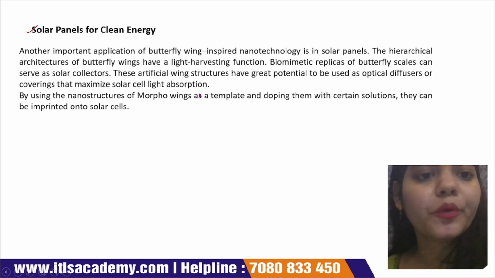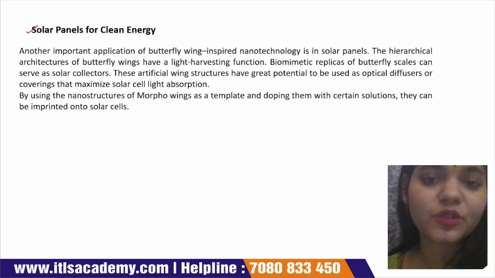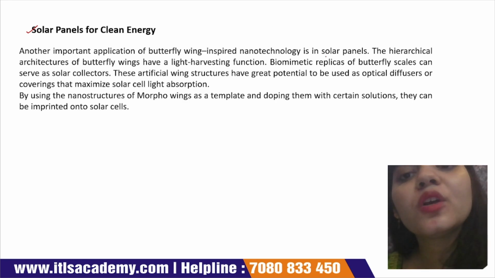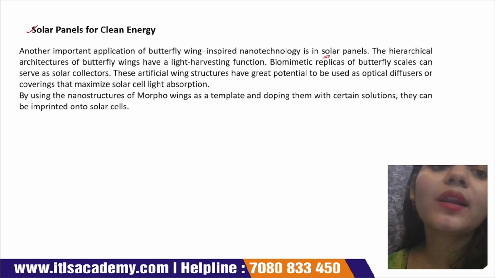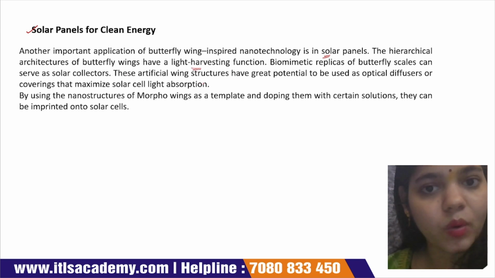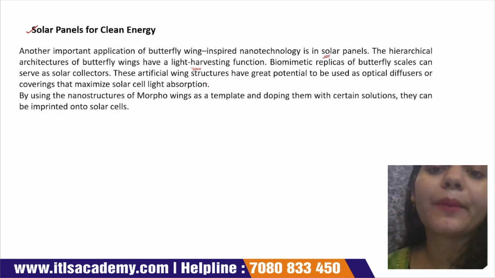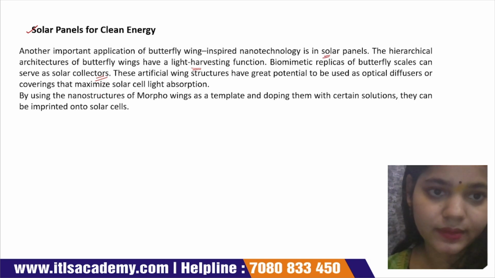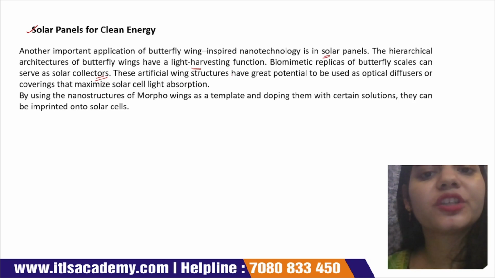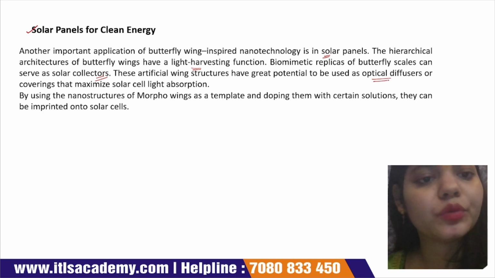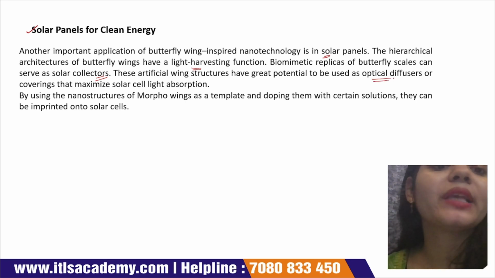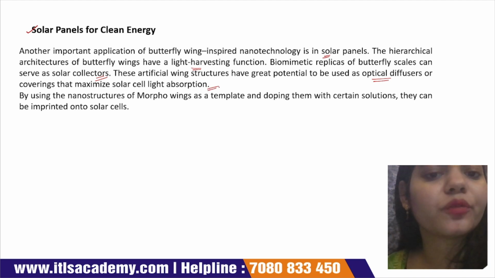Another most important application of butterfly wing inspired nanotechnology is in solar panels. The hierarchical architecture of butterfly wings has a unique property, that is light harvesting. That's why biomimetic replicas of butterfly scales can serve as solar collectors. These artificial wing structures have great potential to be used as an optical diffuser or covering to maximize solar cell light absorption.